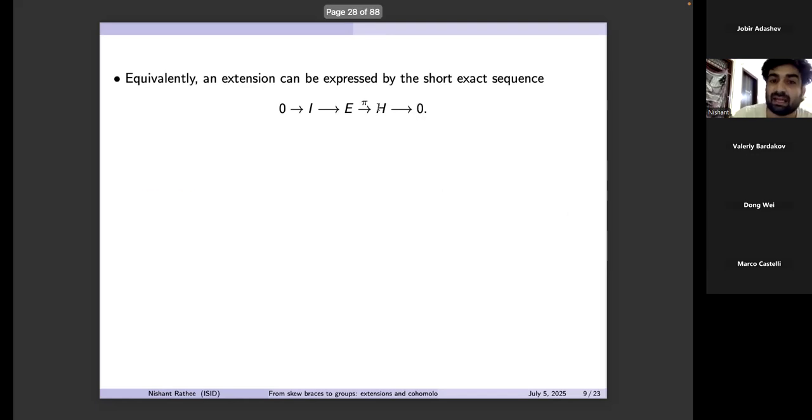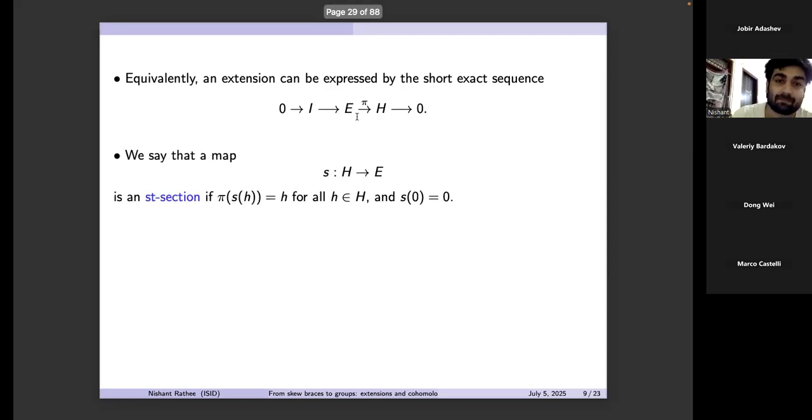This I we always view as an ideal of E, and the map from I to E is the natural inclusion, so we don't write anything there.